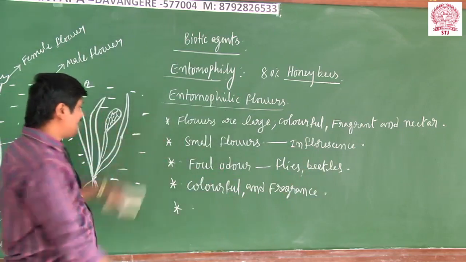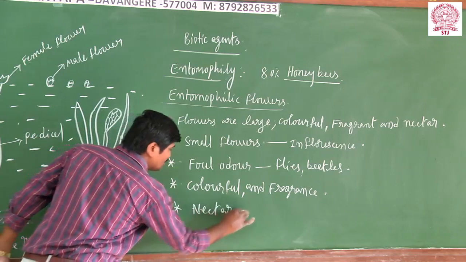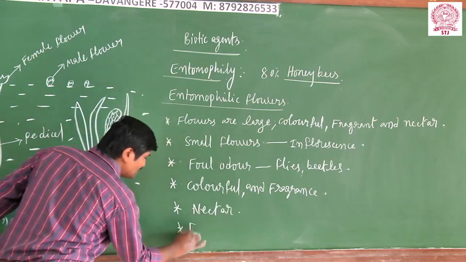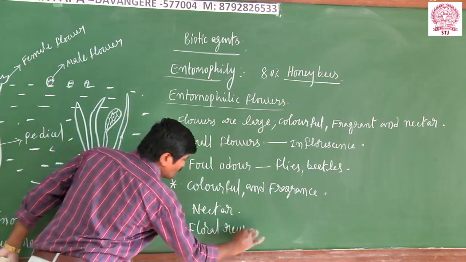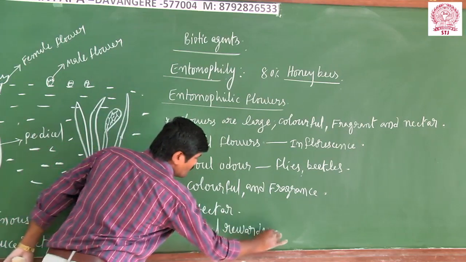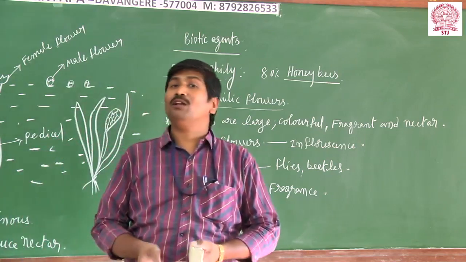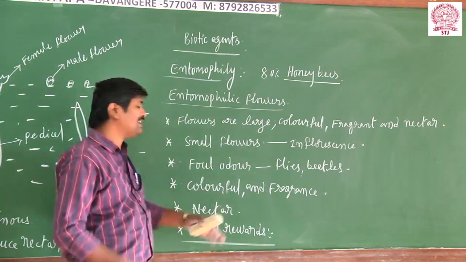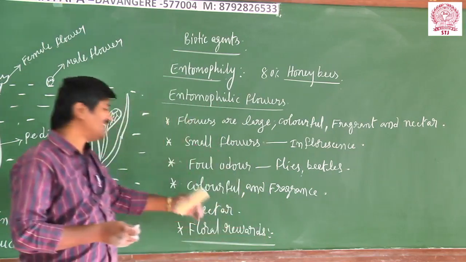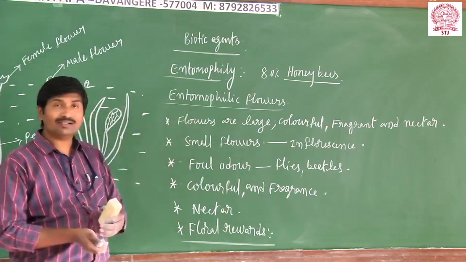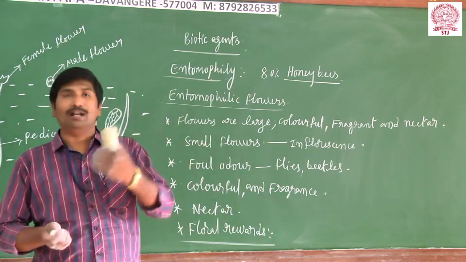Next, they release nectar and provide floral rewards. This point is very important. What are floral rewards? When the animal visitors come to the inflorescence or flowers, the flower provides nectar or pollen.